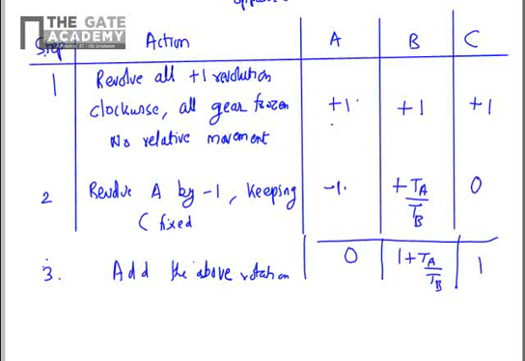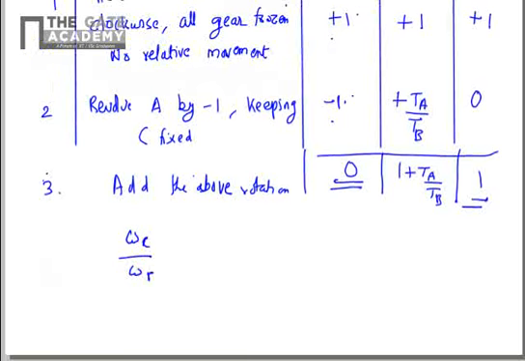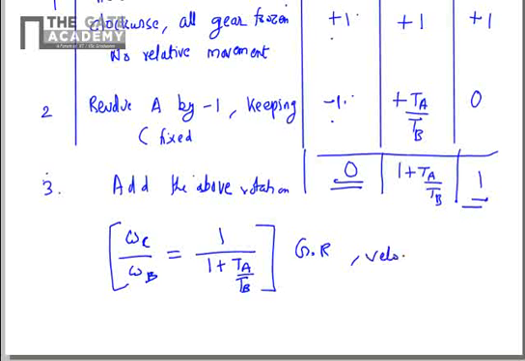Motion of A is 0. And for one revolution of C, B will make 1 plus TA by TB revolutions. So omega C by omega B will be equal to 1 divided by 1 plus TA by TB. So this is the derivation of the gear ratio or velocity ratio of the epicyclic chain.